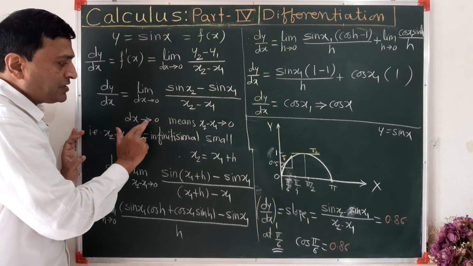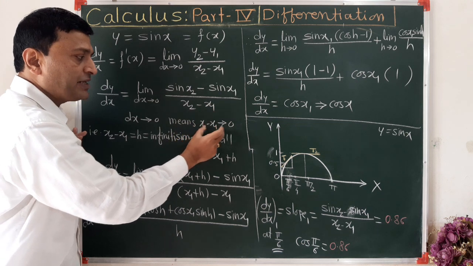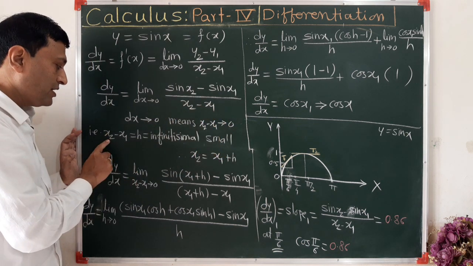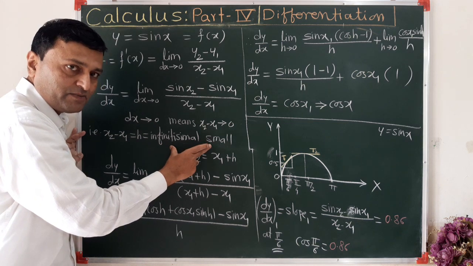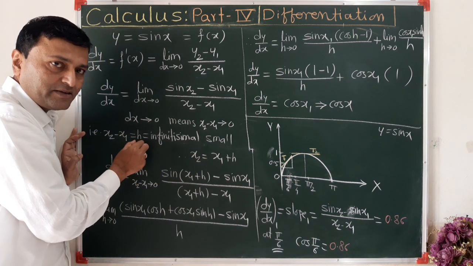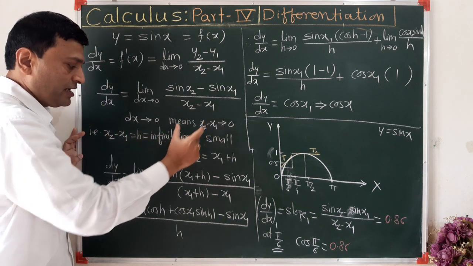But dx tends to 0 means what? That difference x2 minus x1 tends to 0. Means x2 minus x1 is infinitesimally small. We can't imagine this very small number, that is h. Now you can put x2 minus x1 as h.